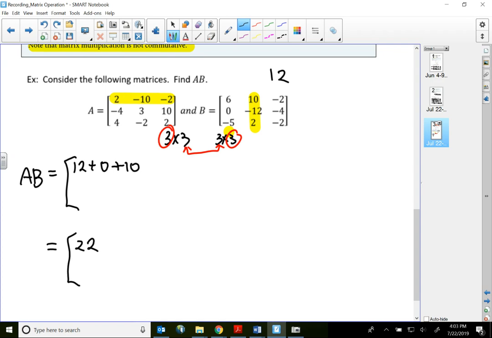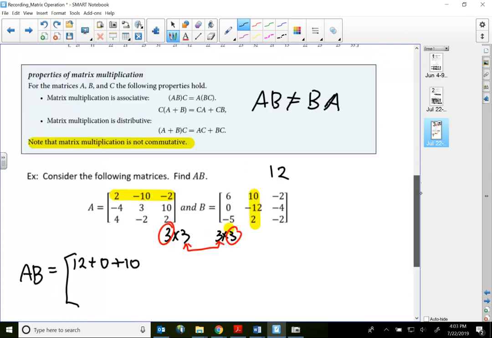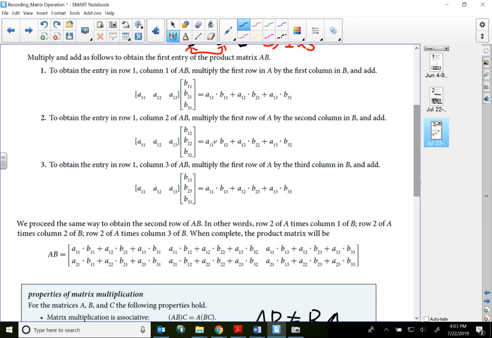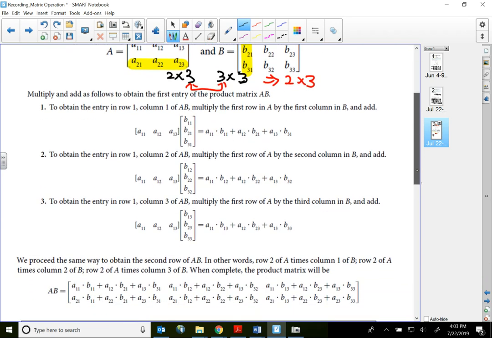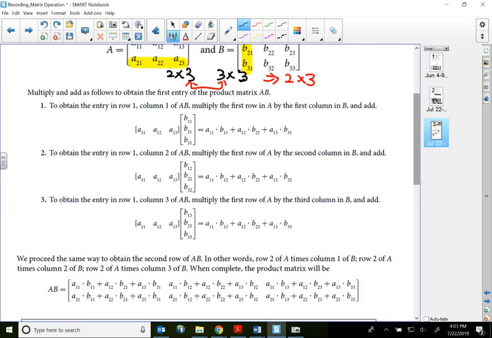Row 1, column 2 of A and column 2 of B. If you don't believe me, you can look up here. Hang on a second.